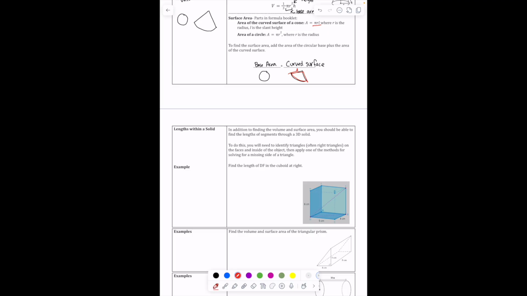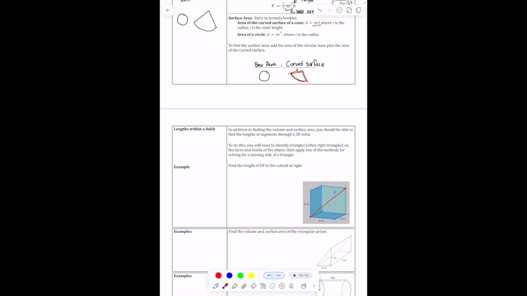When we see this picture down here, we can imagine, I'll show you all in class with a clear solid with a pipe cleaner running through it, but imagine there's a pipe cleaner running through from one of the farthest corners to the next one here. To do this, you will often need to identify triangles, which are often going to be right triangles, to figure out all of the information we need.